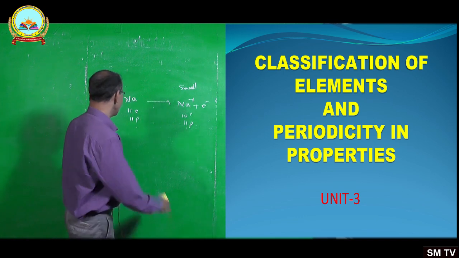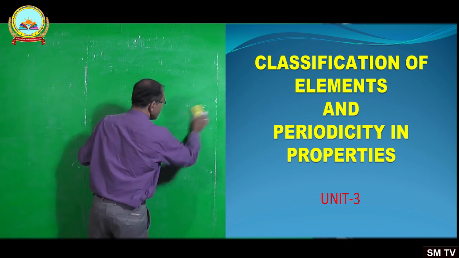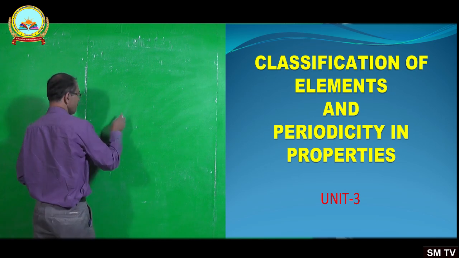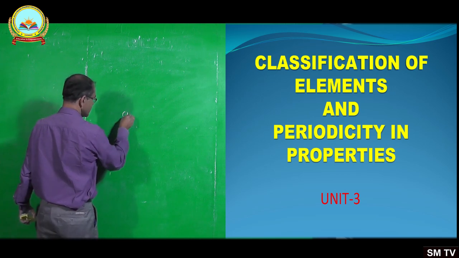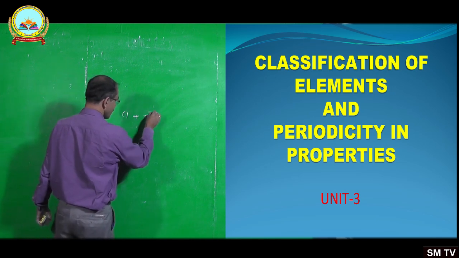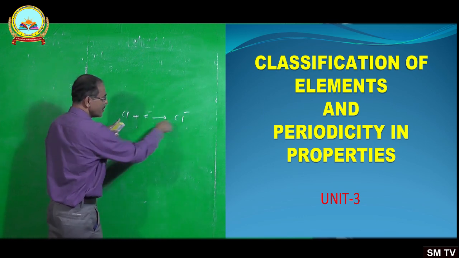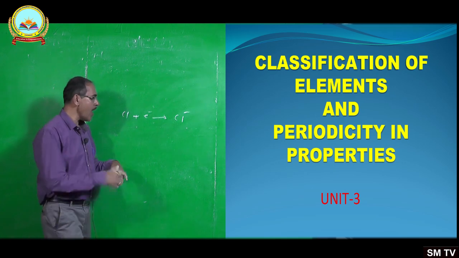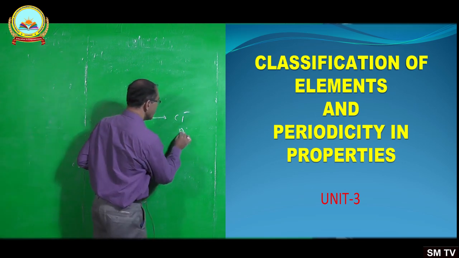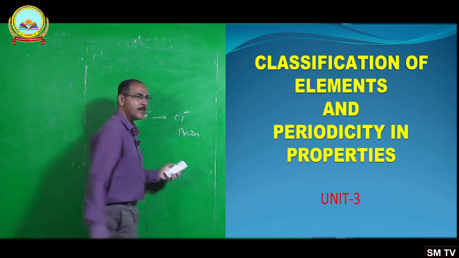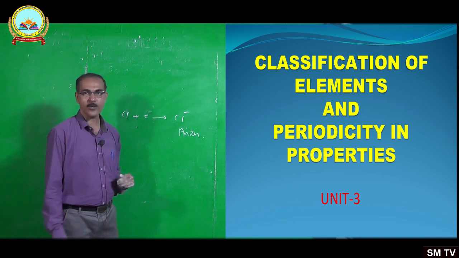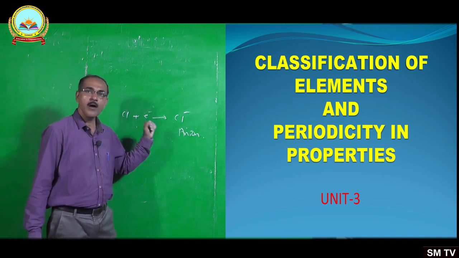In case of negative ion, look here, for example, Cl plus electron gives Cl minus. So, this is the neutral atom, this is the negative ion. This is called an anion. An anion is formed by gaining an electron. Then what happens?